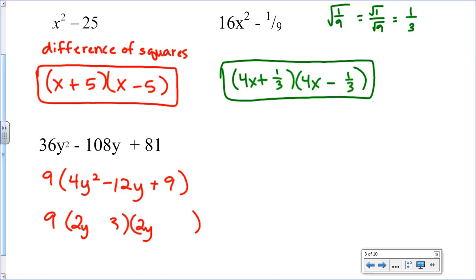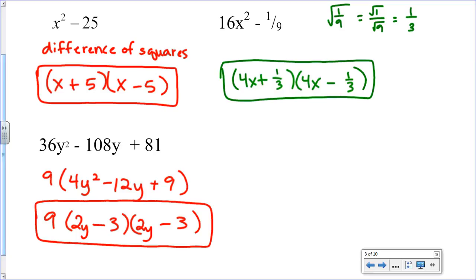Let's try 3's, and then what about their signs? Both negative, because it's a positive 9 and a negative 12. Okay, let's see. My outer is negative 6y. The inner is negative 6y. Negative 6y plus negative 6y, does that give you negative 12y? Yes. So this is done.